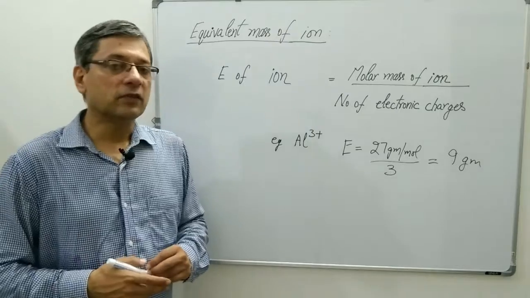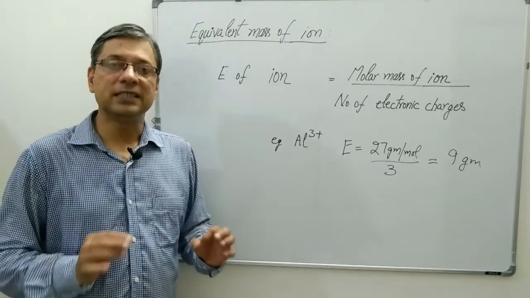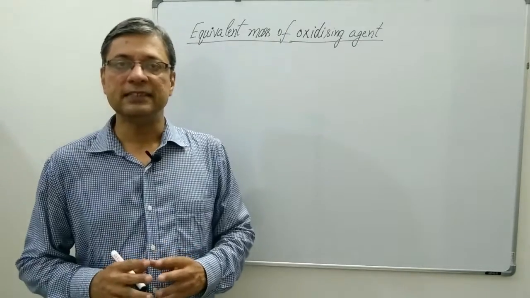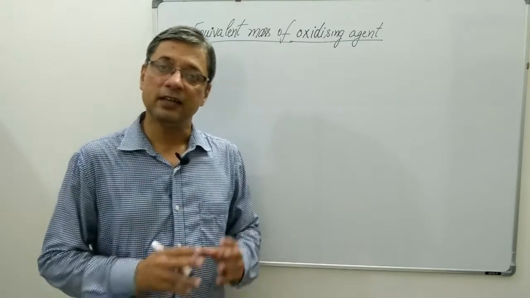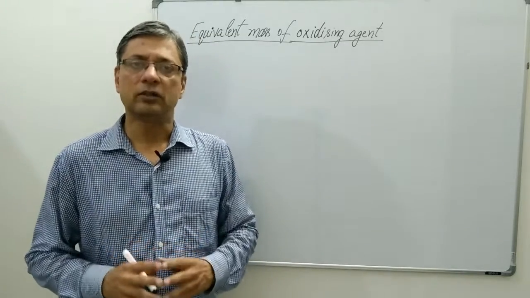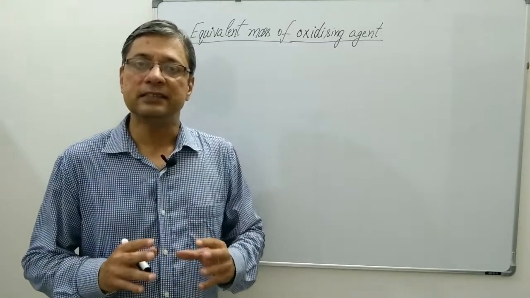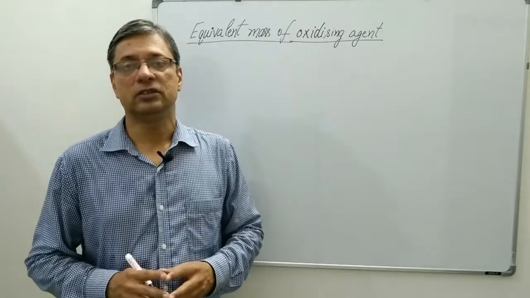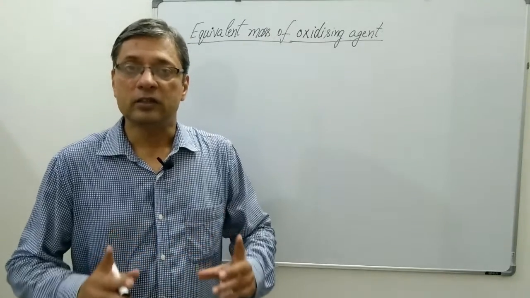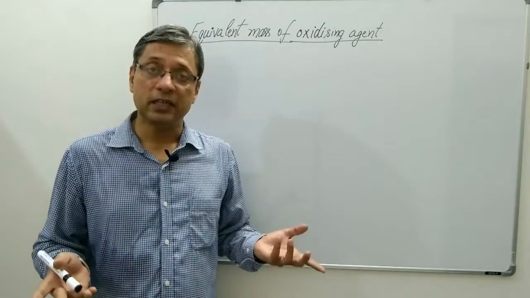Let us take the case of equivalent mass of an oxidizing agent. About oxidizing agent and reducing agent, we will be studying in detail in later chapters. In short, an oxidizing agent is a substance which receives electrons in a redox reaction. What is a redox reaction?